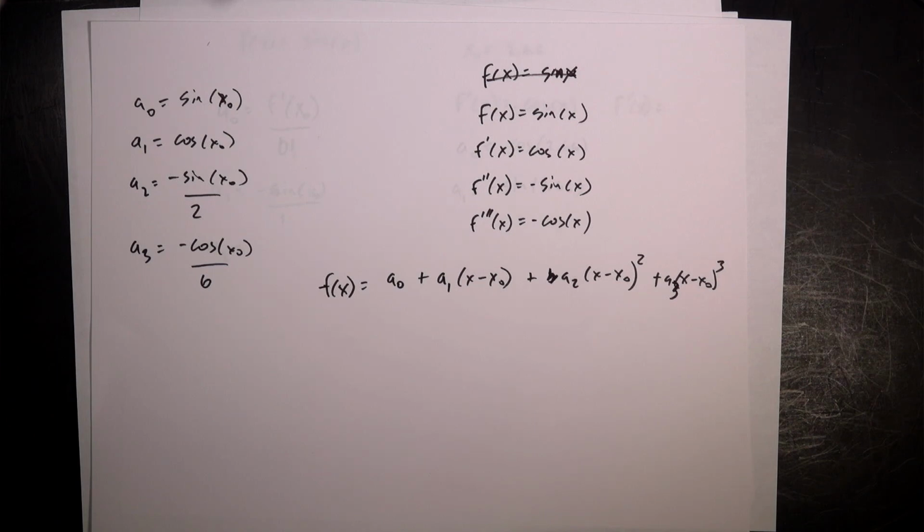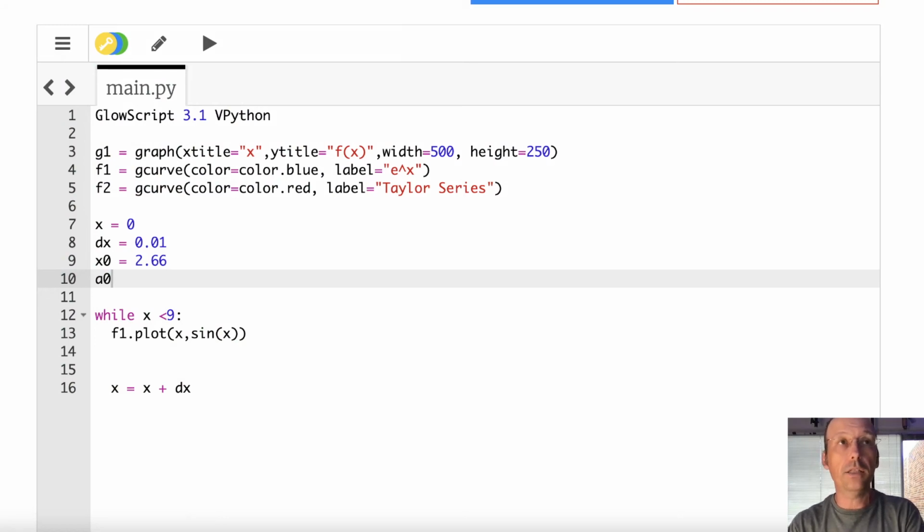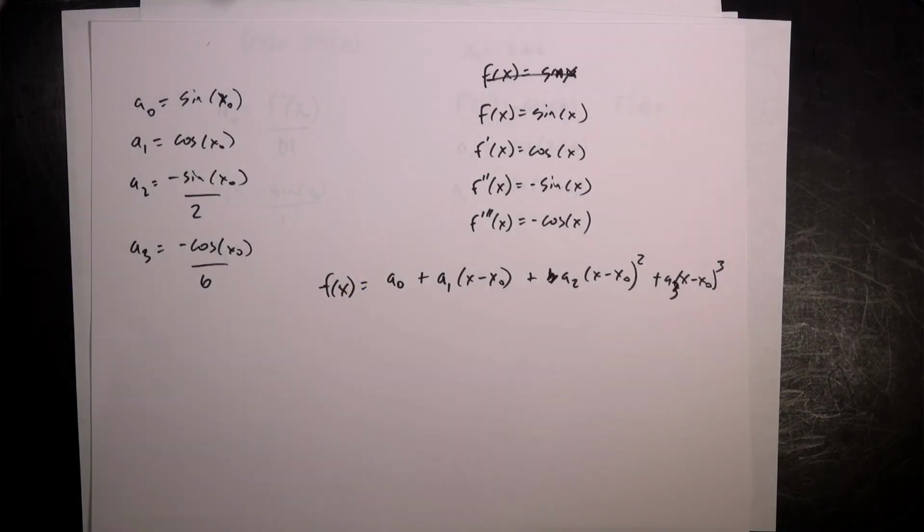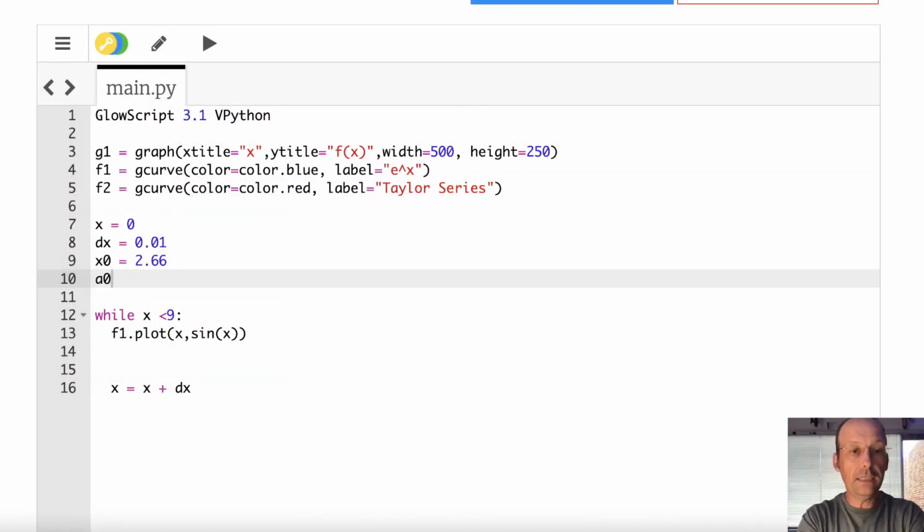So I need to calculate my values. Let's first go x0 equals 2.66. I'm just going to type in my values. Oh, I didn't switch. I'm sorry. There. So a0, I'm just typing in the equation I have over there, is sine of x0.